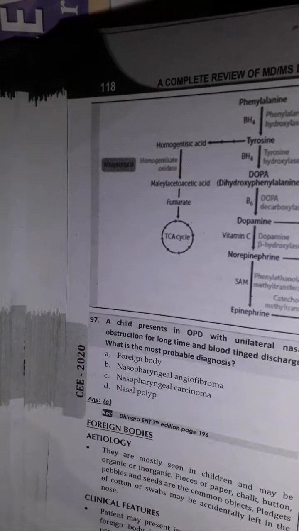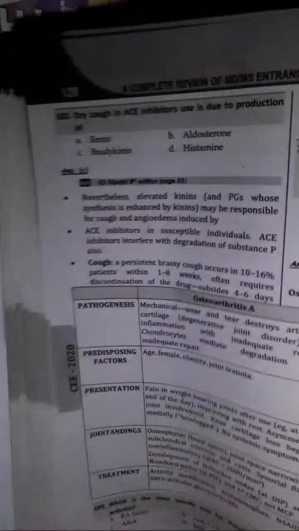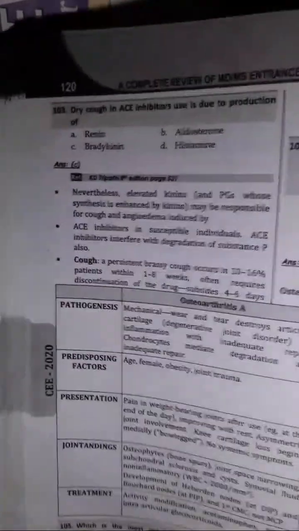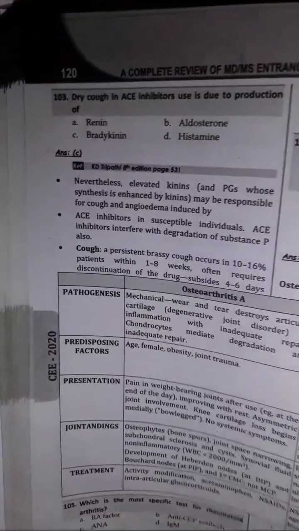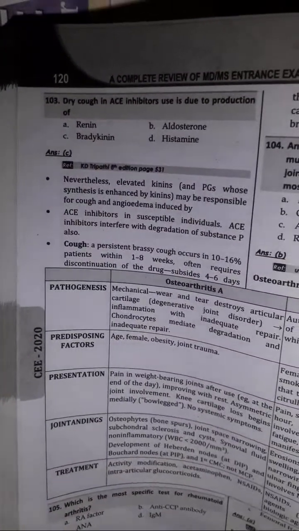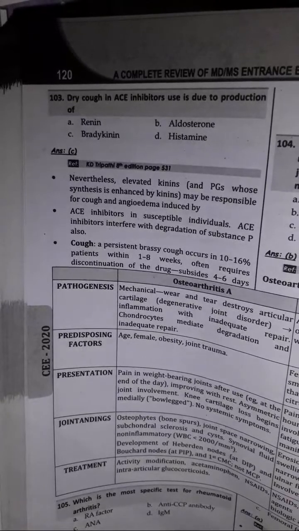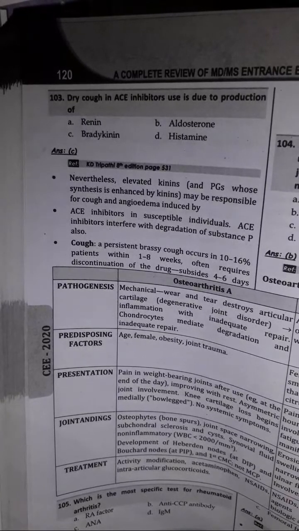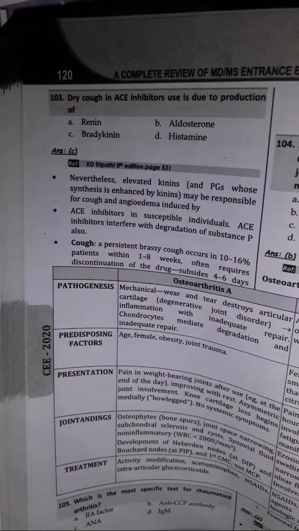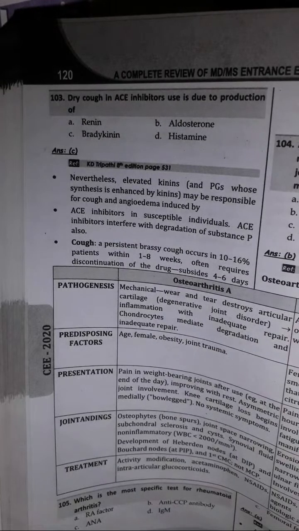Now we shall move to another question. Dry cough in ACE inhibitor use is due to production of renin, aldosterone, bradykinin, histamine.